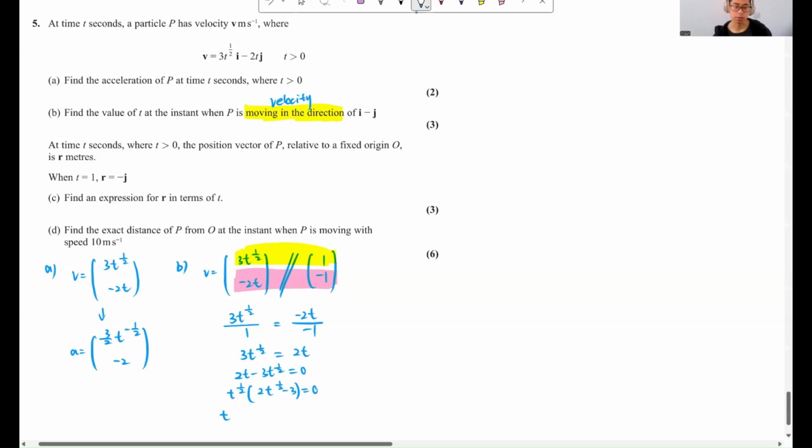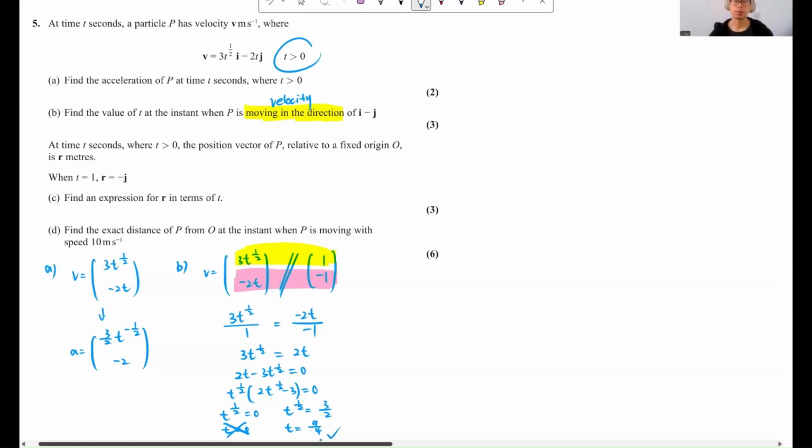So either t to the power 1/2 equals 0, or t to the power 1/2 equals 3 over 2. Then we have t equal to 0, or t equal to 9 over 4 if you square them. Clearly t cannot be equal to 0 because it says t is more than 0. So ignore that. t is equal to 9 over 4, which is the final answer for B.